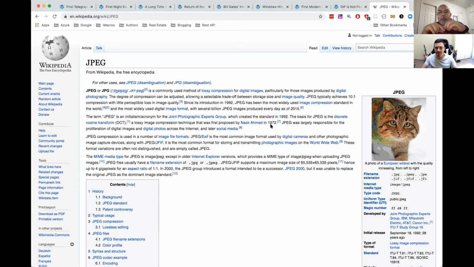And so what these people came up with was a way of saying, hey, let's get rid of what the eye can't see anyways. We not only compress the image, we reduce its size, and we don't lose any quality that is seeable by the naked eye. And so that's where JPEG became a new standard. JPEG is portable for any operating system, where GIF is not necessarily available for all operating systems.